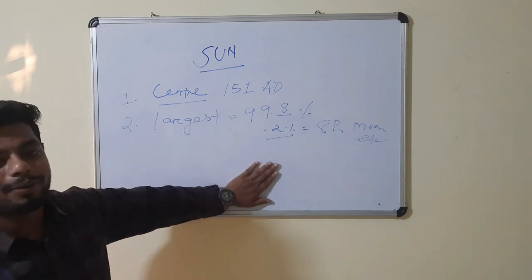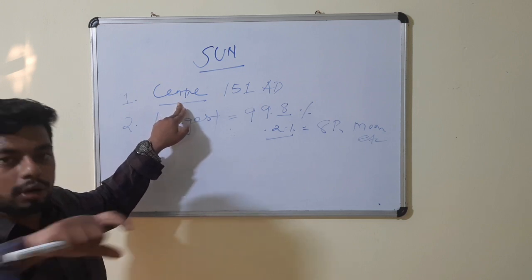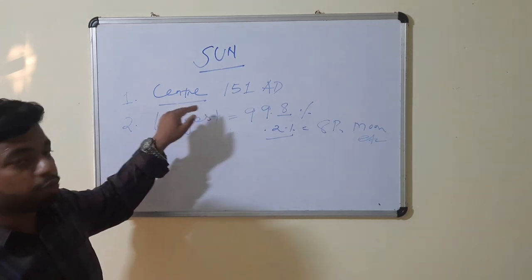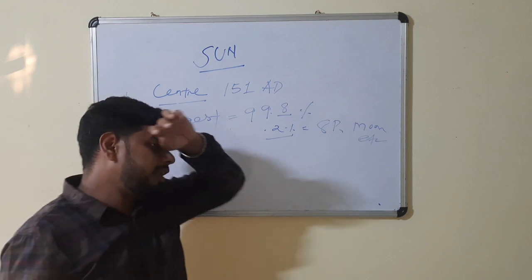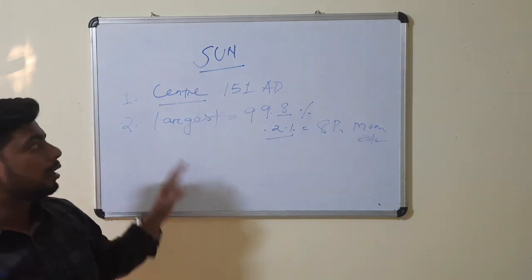So far we have seen that the sun is at the center of our solar system, as proved by Copernicus and later evidence.